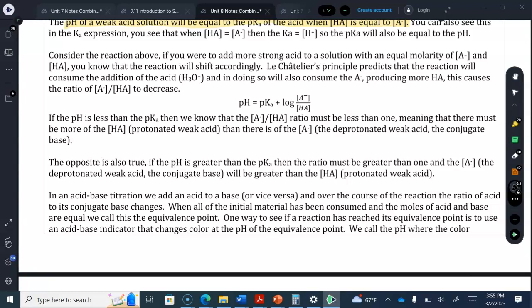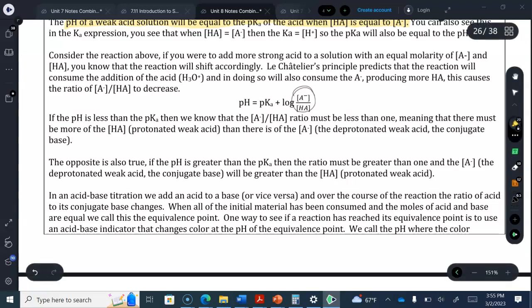This causes the ratio to decrease. If the pH is less than the pKa, then we know that the ratio must be less than 1, meaning that there is a lot more of the acid than there is of the conjugate base.